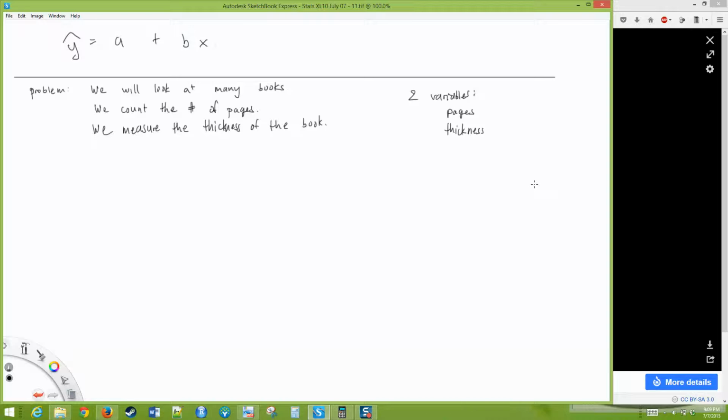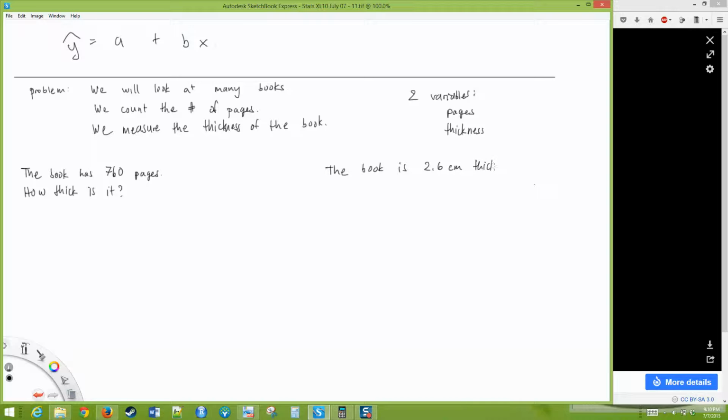Okay, so we can play two different games here, right? And in each of those setups, we're going to have a different x and a different y variable. So in one game, we're going to say the book has 760 pages. How thick is it? And then the other game, we're going to say the book is 2.6 centimeters thick.